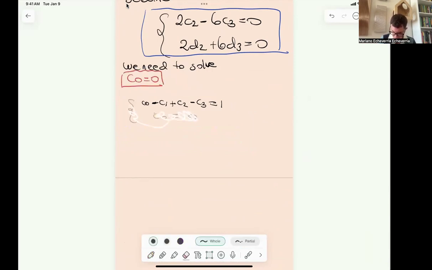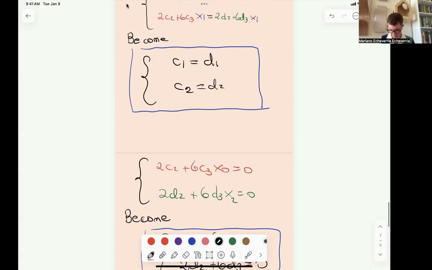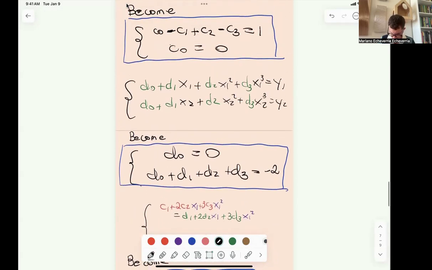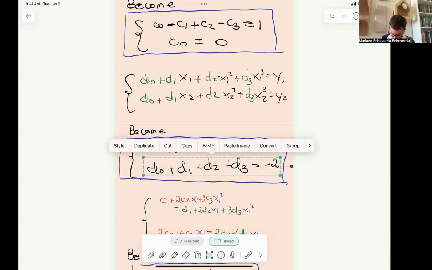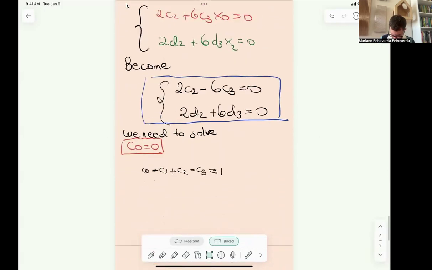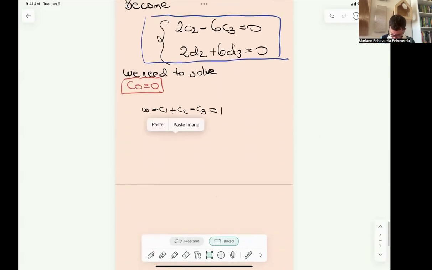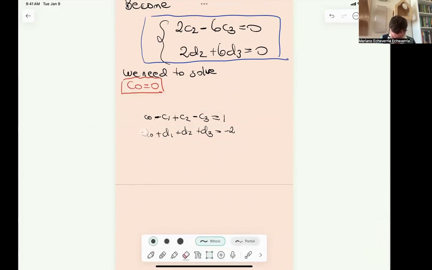So this equation doesn't matter anymore. Then the other important fact was that d0 equals 0, so only the last equation matters here. Again, d0 was 0, so this one is like this, right?